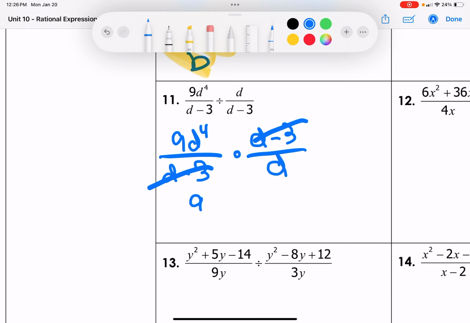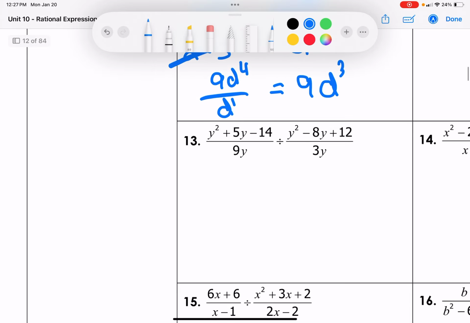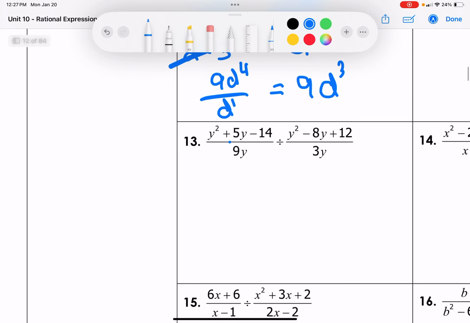I'm left with 9d to the 4th power over d, which gives me 9d cubed, because 4 minus 1 is going to give me the 3. All right, so we're going to factor out the numerator on the left side.